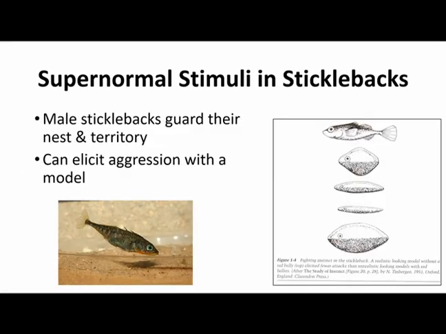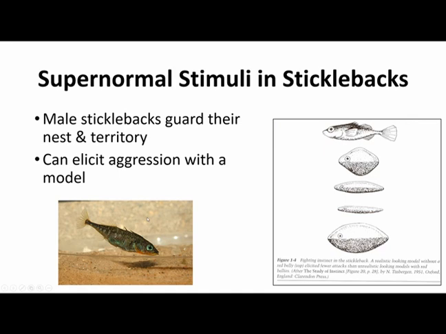As I guess, a different example of supernormal stimuli, we can look at sticklebacks. And these guys are probably something you've heard of before, because they are the example for supernormal stimuli and modal action patterns, at least when you don't want to look only at eggs and birds.